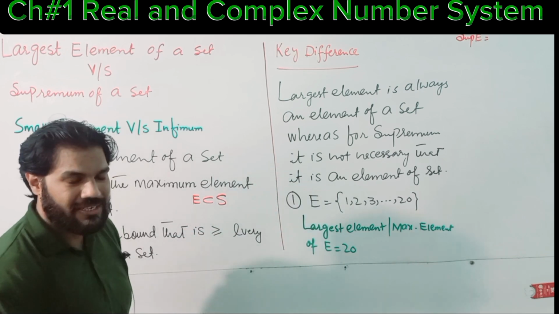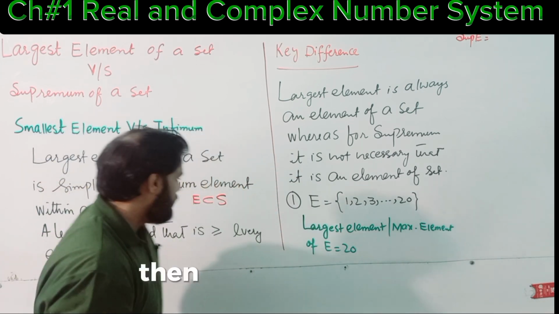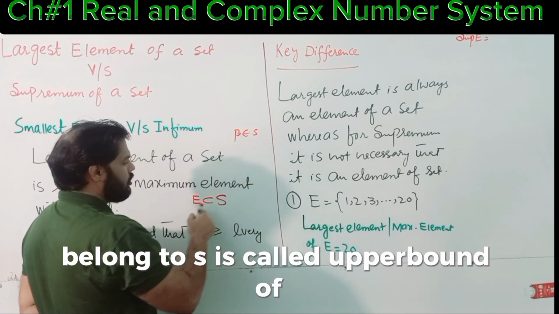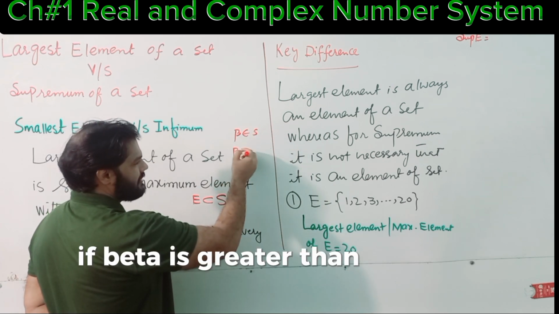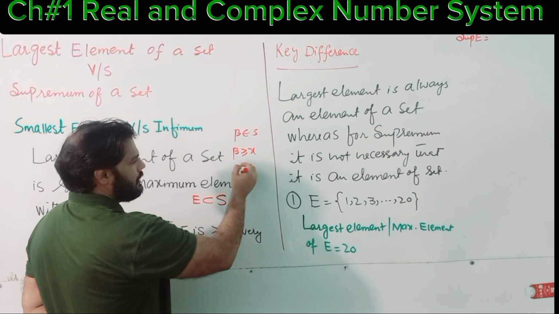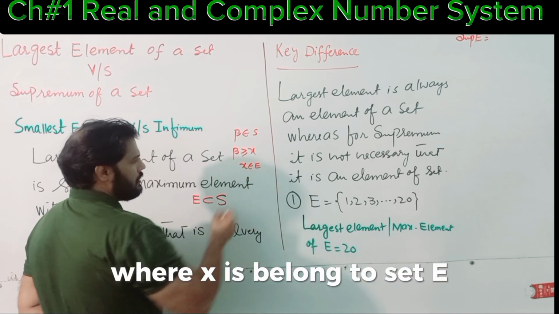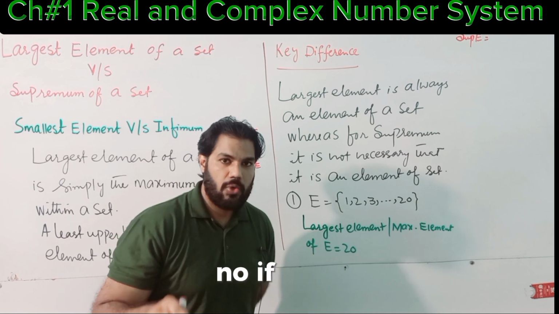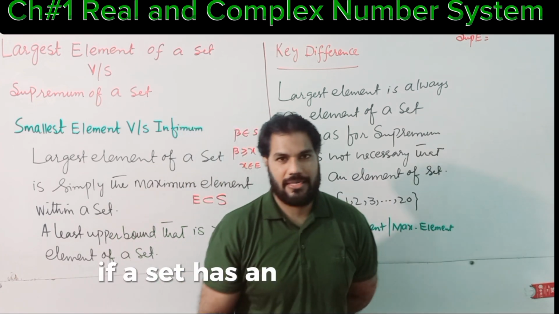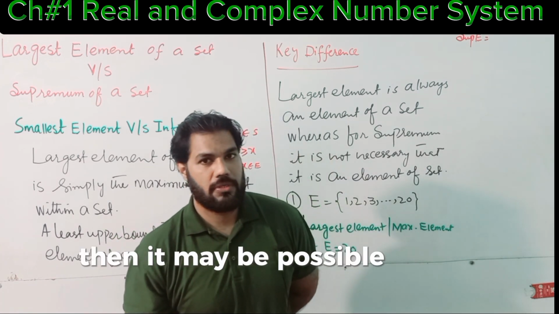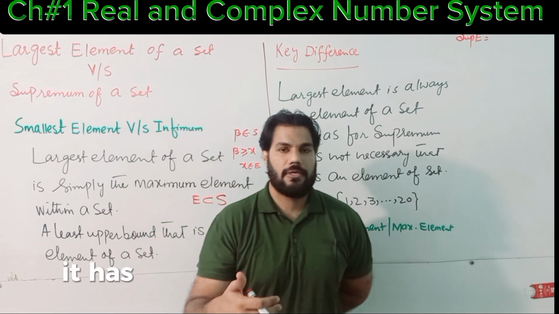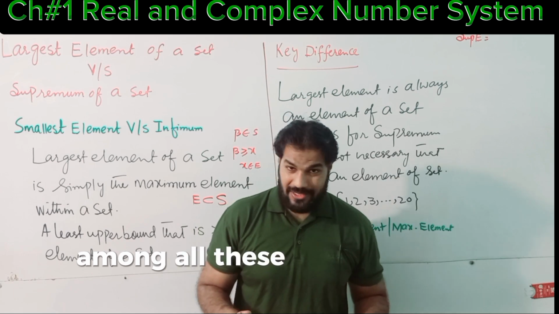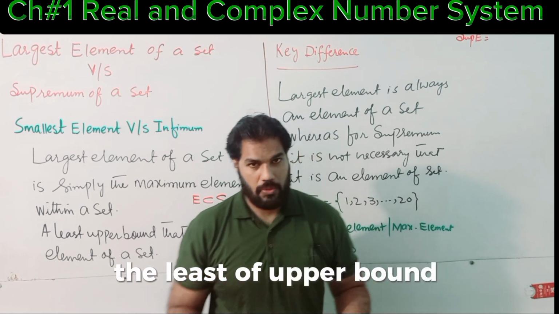Then an element beta belonging to S is called an upper bound of E if beta is greater than or equal to every element x of E. Then beta is called an upper bound. Now if a set has an upper bound, then it may have infinitely many upper bounds. So the smallest one among all these upper bounds will be the least upper bound.